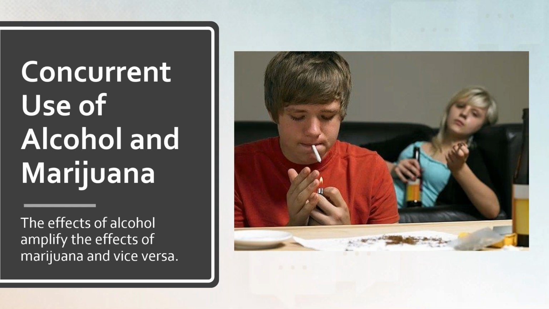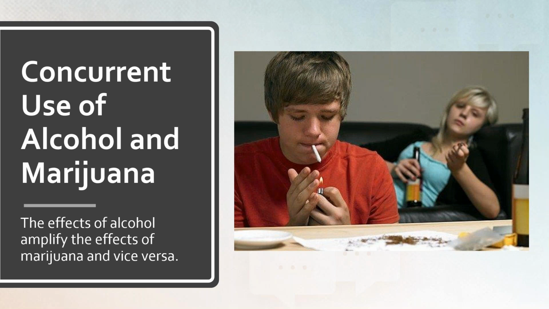Some of the other things that might be used with alcohol is marijuana. That's the most commonly used drug when somebody is drinking alcohol, is to smoke marijuana. Something to keep in mind with alcohol and marijuana, they're both depressants, which means that they slow down the central nervous system.